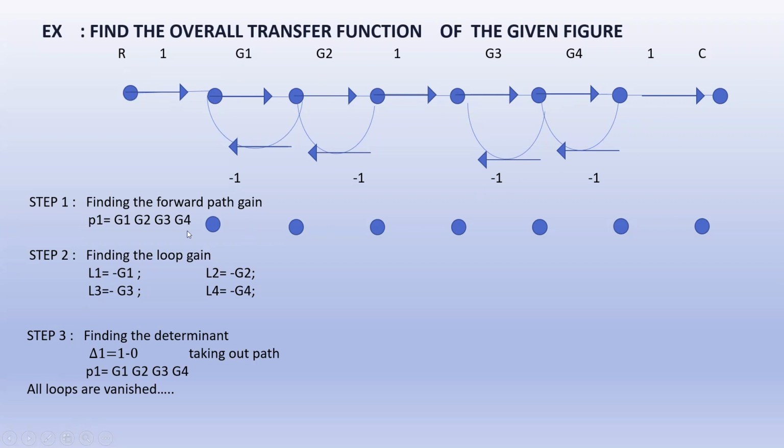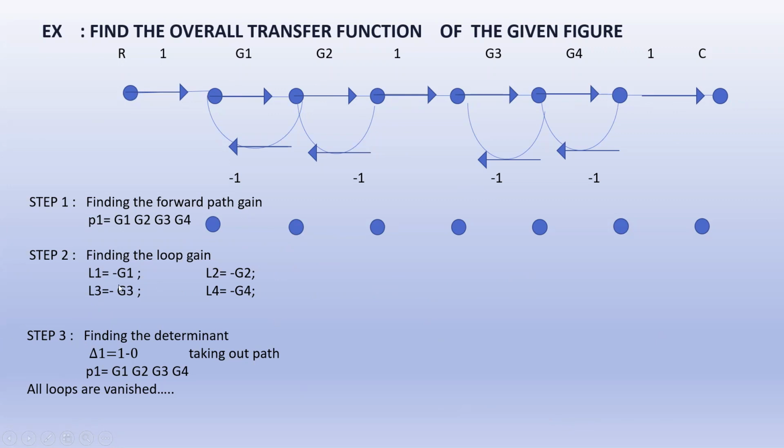Moving on to step 1, we have to find how many forward paths there are. Remember, a forward path is a path traversing in the direction of the arrows from the input node to the output node. We have only one path as per the directions of the arrows, that is this straight line.